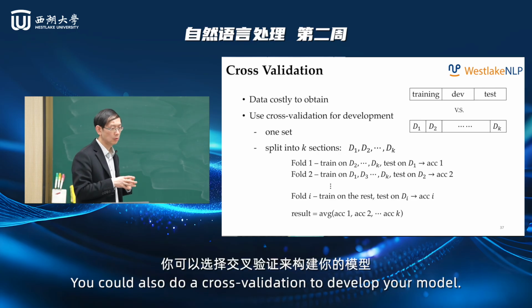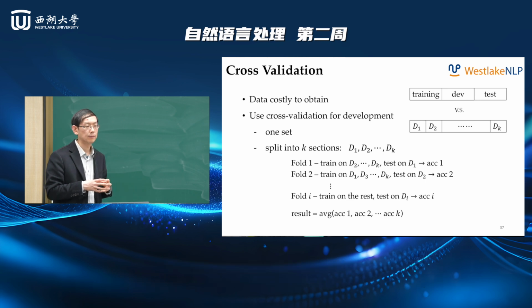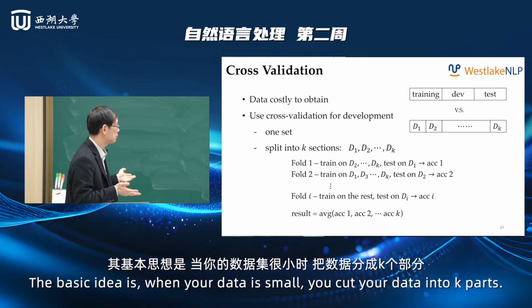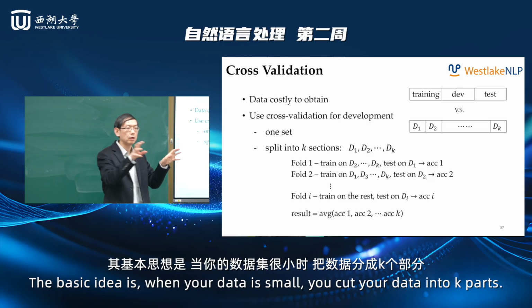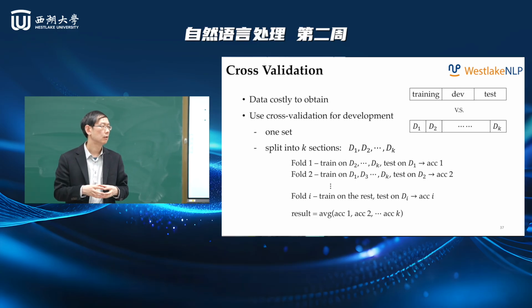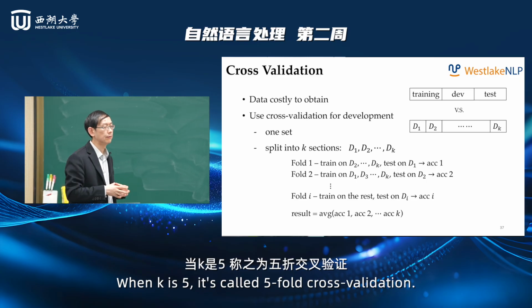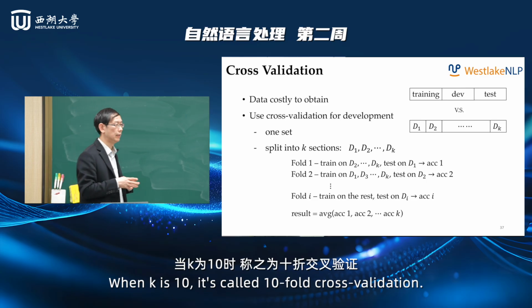Then you could also do cross-validation to develop your model. The basic idea is when your data is small, you cut your data into k parts. When k is 5, it's called 5-fold cross-validation. When k is 10, it's called 10-fold cross-validation.